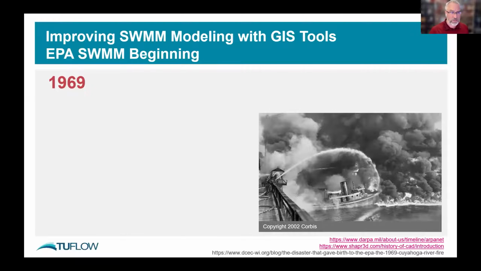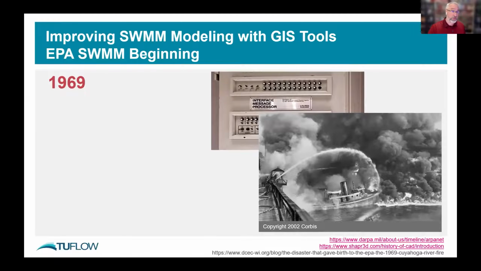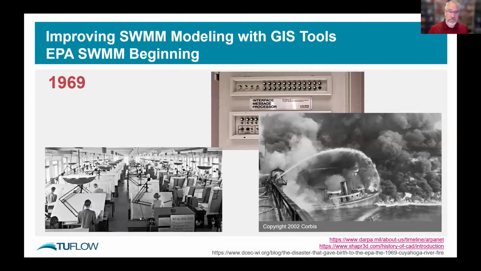A lot of really bad stuff happened. Water quality was top of mind. The internet, which is what we're doing right now, was also born in 1969. That's one of the initial interface processors. Took a little longer for it to pop on the scene.